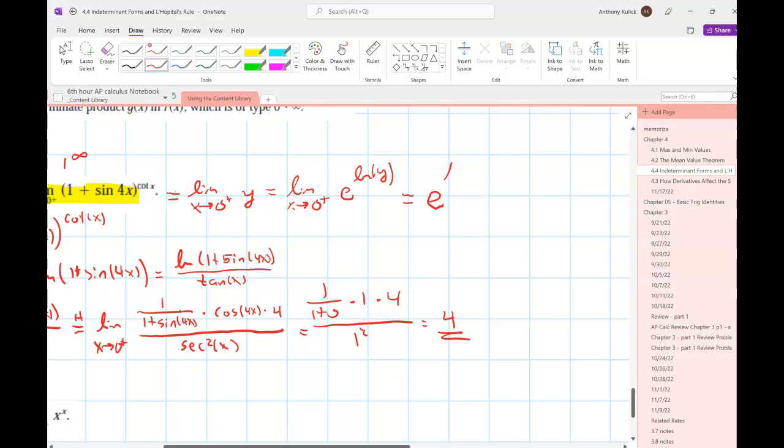So that's e to the limit of ln y, which is just 4. So we have e to the 4th.